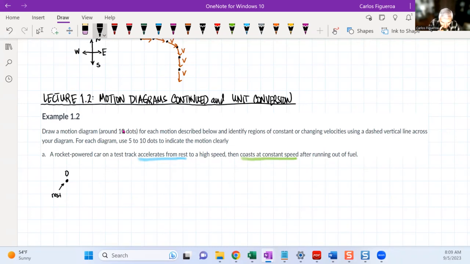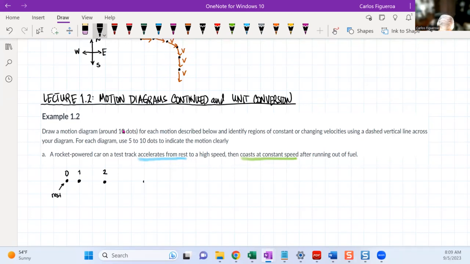So the first thing that I'm going to do is draw my first dot. And then when I go to my second dot, I'm going to space it out farther. So what you're seeing here is that my interval is getting larger.